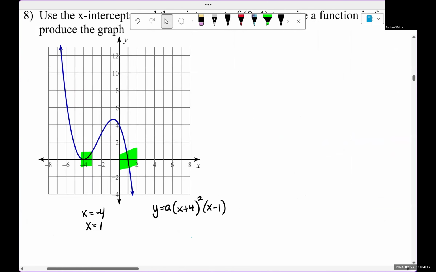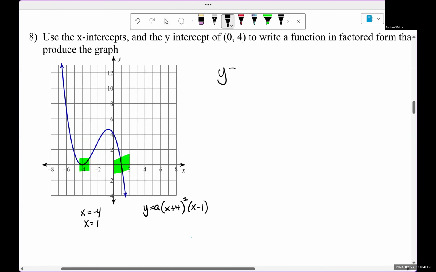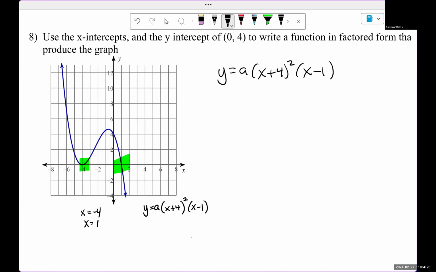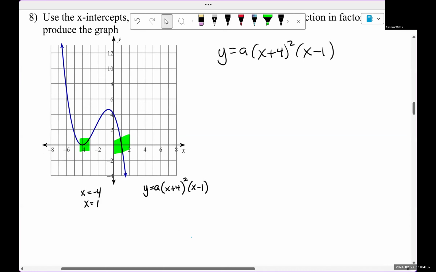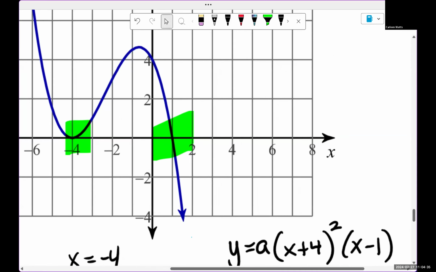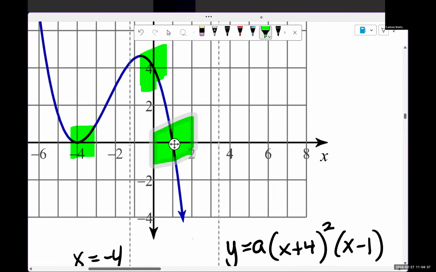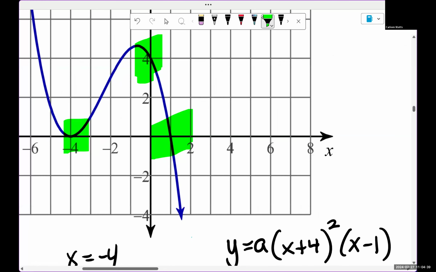Okay, so I'm not done. So I have y equals a times x plus 4 squared, times x minus 1. I need to plug something in to get rid of the a. Let's pretend I didn't tell you at the top. Okay, so see that point right there? That is the point.